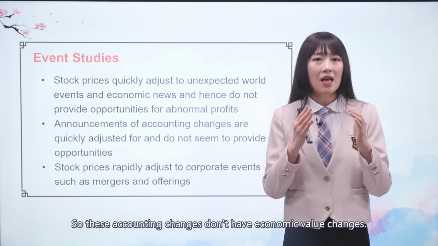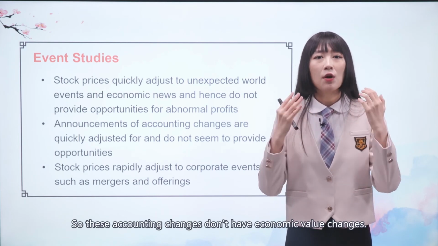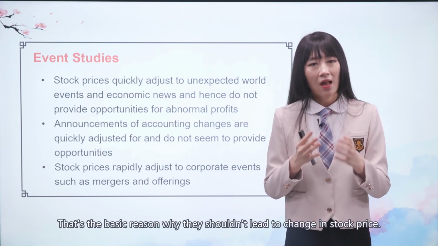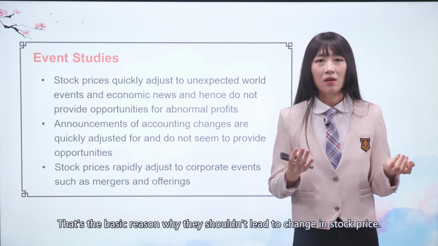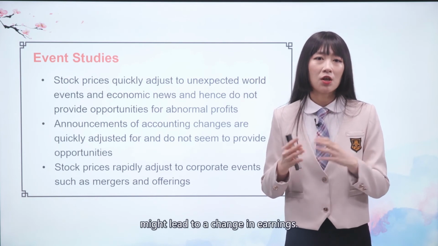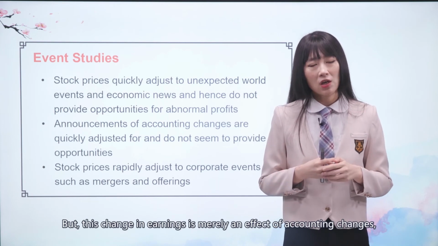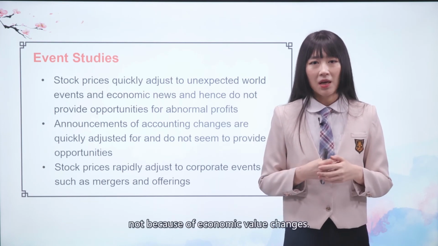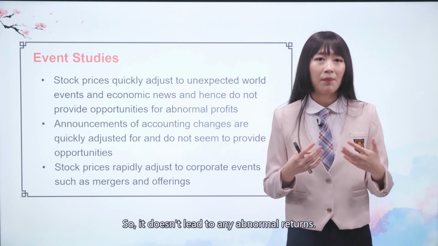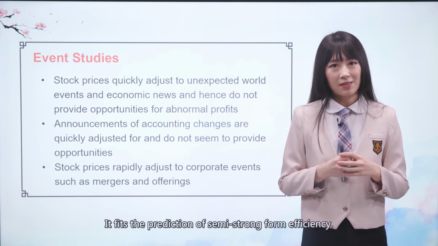So these accounting changes don't have economic value changes. So that's the basic reason why they shouldn't lead to change in stock price. Even though a change in depreciation method might lead to a change in earnings, this change in earnings is merely an effect of accounting changes, not because of economic value changes. So it doesn't lead to any abnormal returns. It fits the prediction of semi-strong form efficiency.